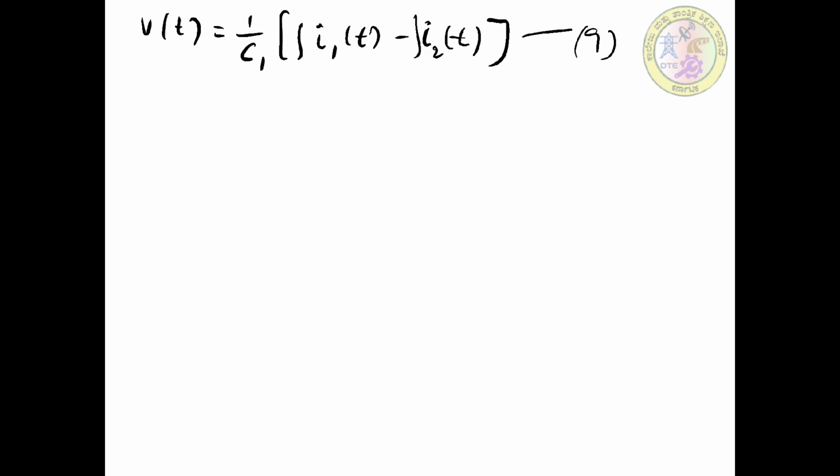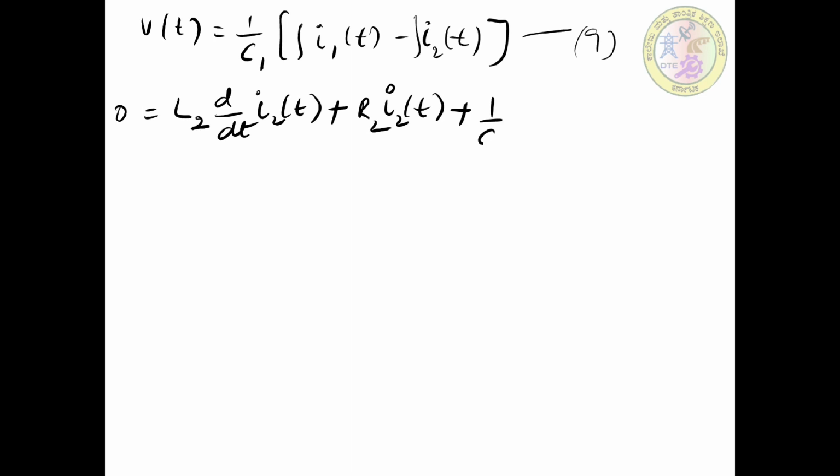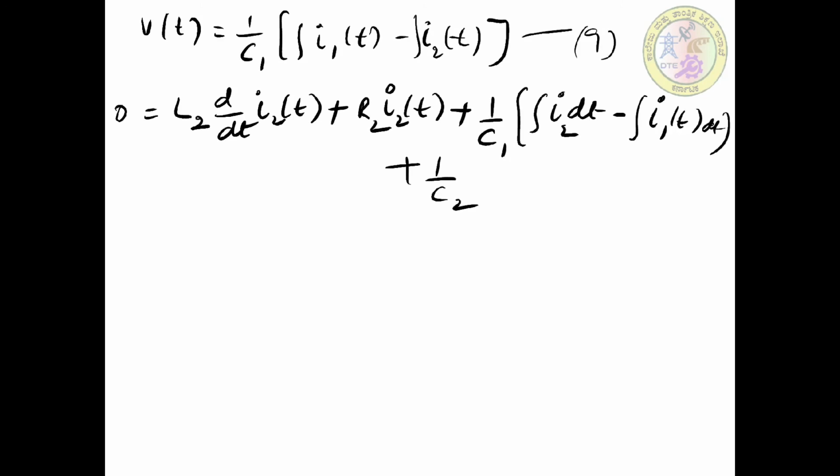And the last equation was 0, that is equal to L2 into d by dt of I2 of t plus R2 into I2 of t plus 1 by C1 into integral of I2 dt minus integral of I1 of t into dt plus 1 by C2 into integral of simply I2 of t. So this was equation 10.